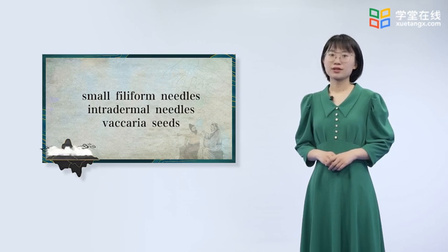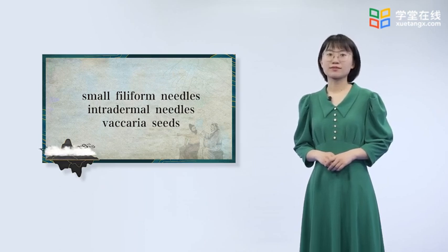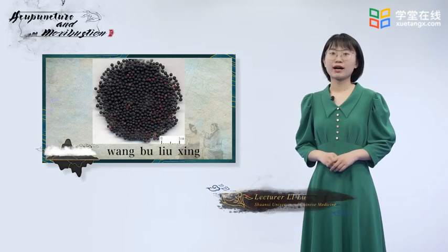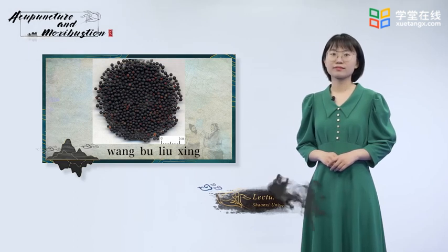Since we have talked about it, we could choose small filiform needles or intradermal needles to treat disease in the ear. The vaccaria seeds can also be used. In Chinese, we call it 王不留行.